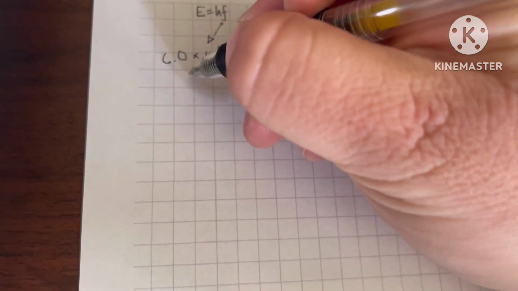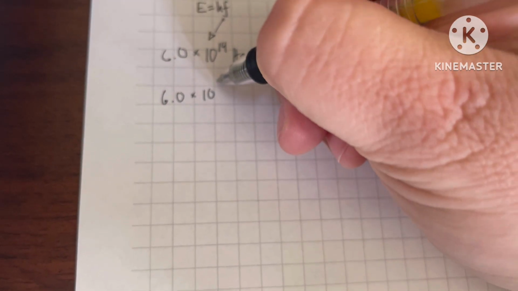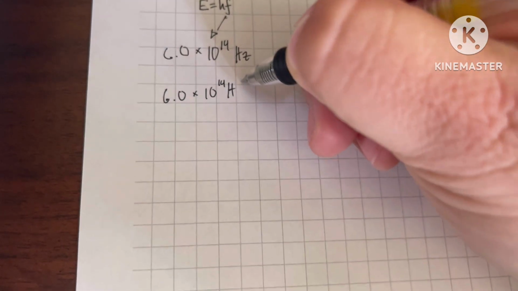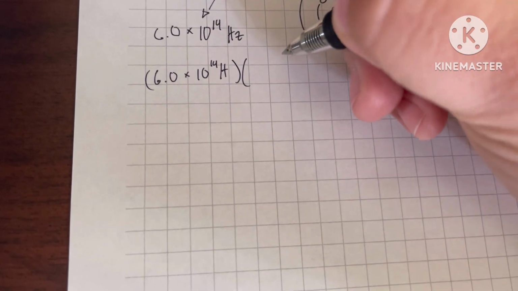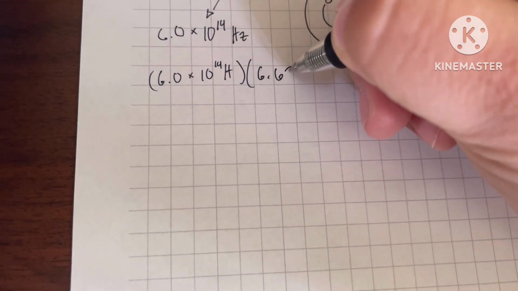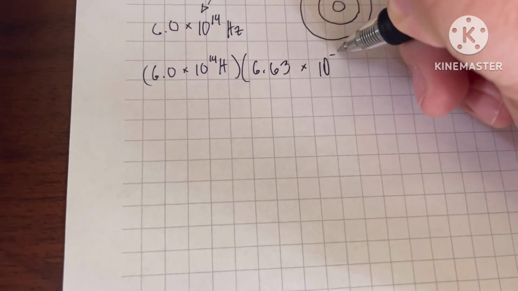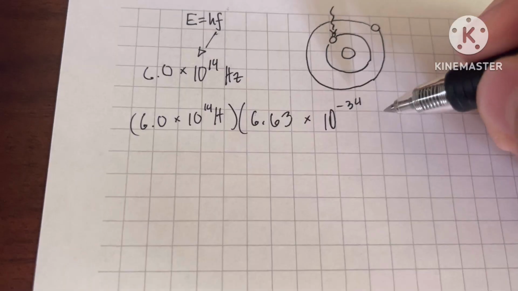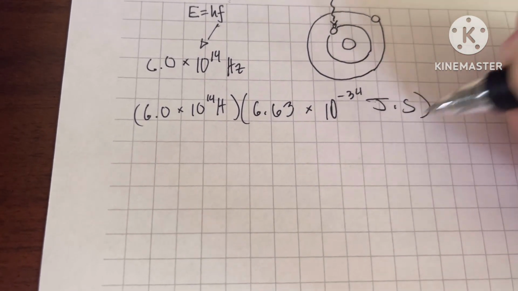So that's going to be 6.0 times 10 to the 14th hertz times 6.63 times 10 to the negative 34th power. And those are joule seconds.